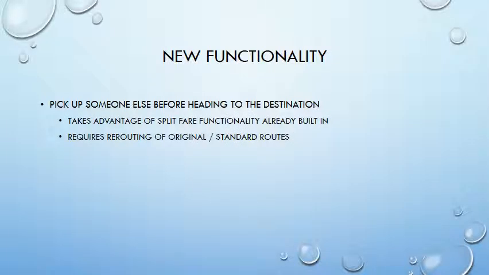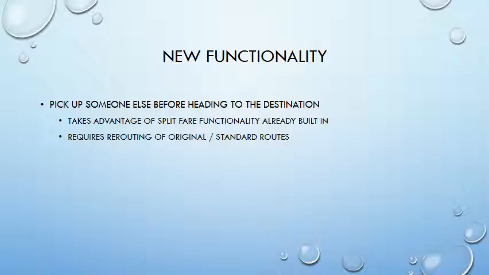And the new functionality that's been developed for the BruceUber is that you can pick up someone else before heading to the destination. And this is kind of interesting because you can take advantage of the split fare functionality, which is already built into the architecture, if the person you're picking up does actually have a BruceUber account. It's not that they need to have it, so if they don't have it, it's all good.